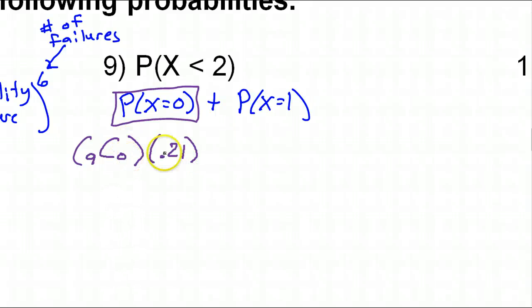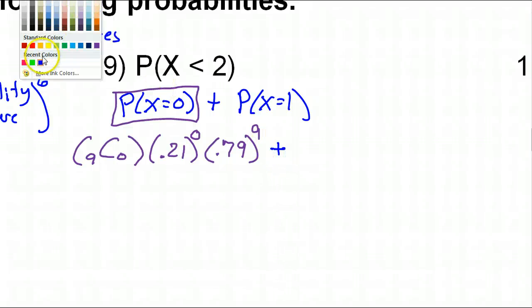Now I'm shooting for 0 successes, so I'll give it a power of 0. Then I multiply by the probability of failure, which we remember was 0.79 from the previous problem. If there's a total of 9, these two numbers have to add up to 9. So 0 plus 9. So this will have to be a power of 9. So this will give me the first probability.